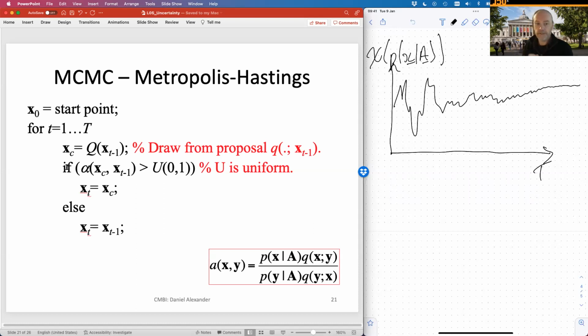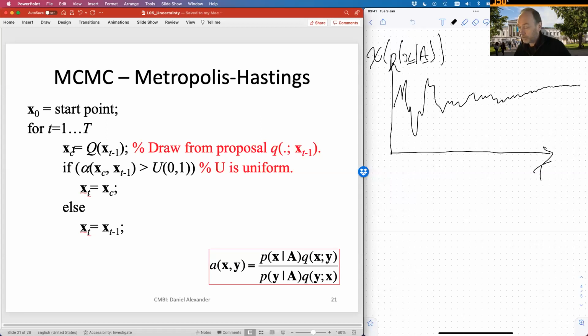Okay, so let's just pick through the algorithm quickly here. The basic idea is that we start with some starting value, some combination of parameter values as an initial guess. Then many times we perform the following sequence of events.